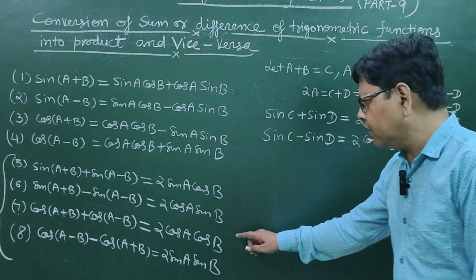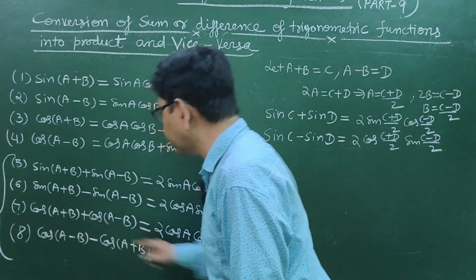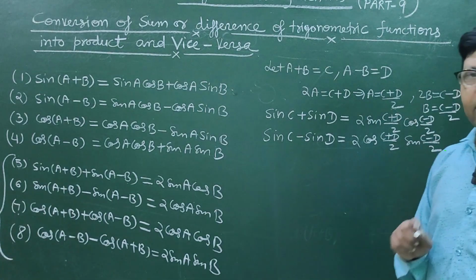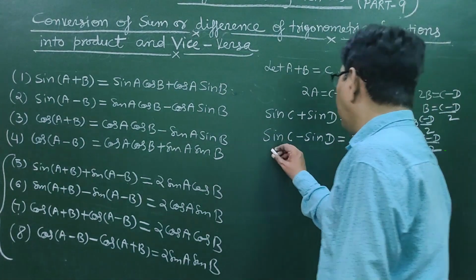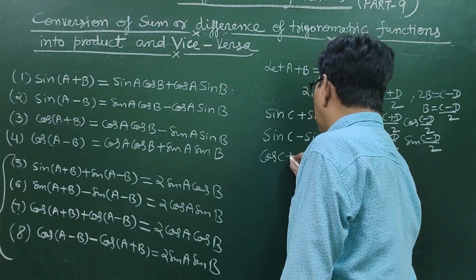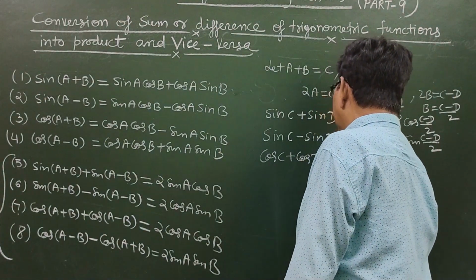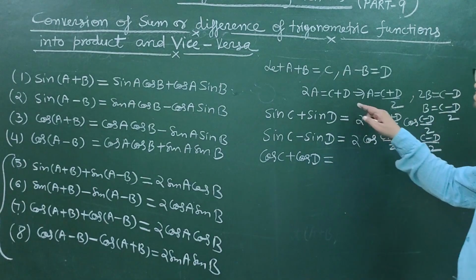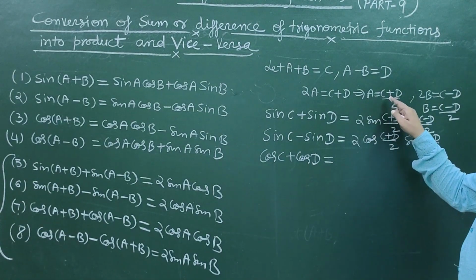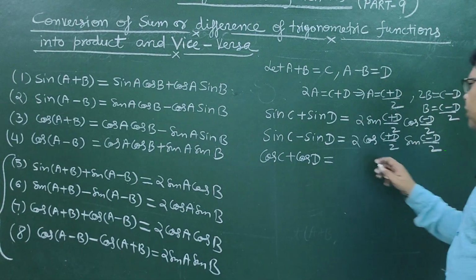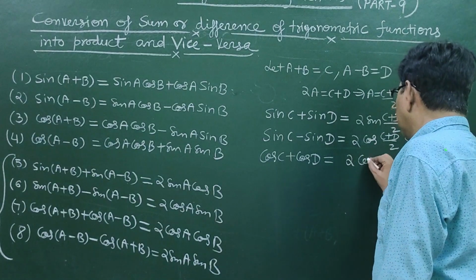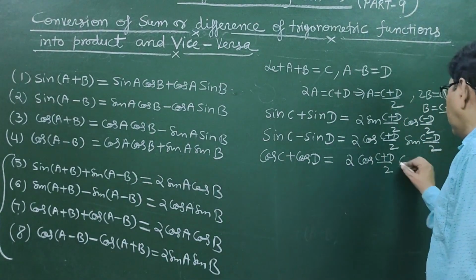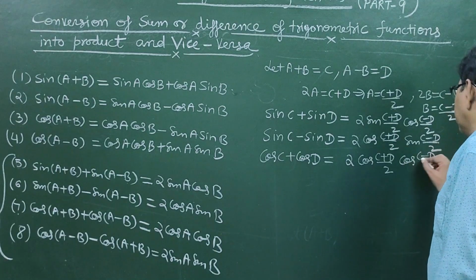Now in seventh equation, if we replace a plus b by c and a minus b by d, we get cos c plus cos d is equal to, and here we have 2 cos a cos b. A in terms of c and d is c plus d upon 2 and b is c minus d upon 2. So putting the value, we get 2 cos c plus d upon 2 cos c minus d upon 2.